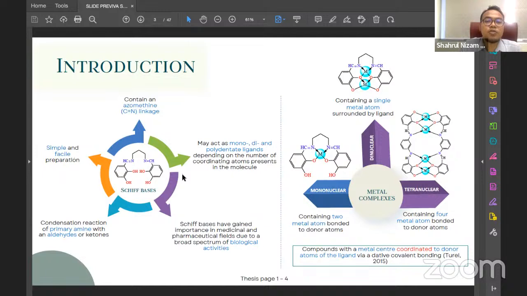And the ligand also can act as mono-, di-, and polydentate ligands, depending on the number of donor atoms that we have here. So can anyone tell me how many donor atoms we have in this structure? Anyone?